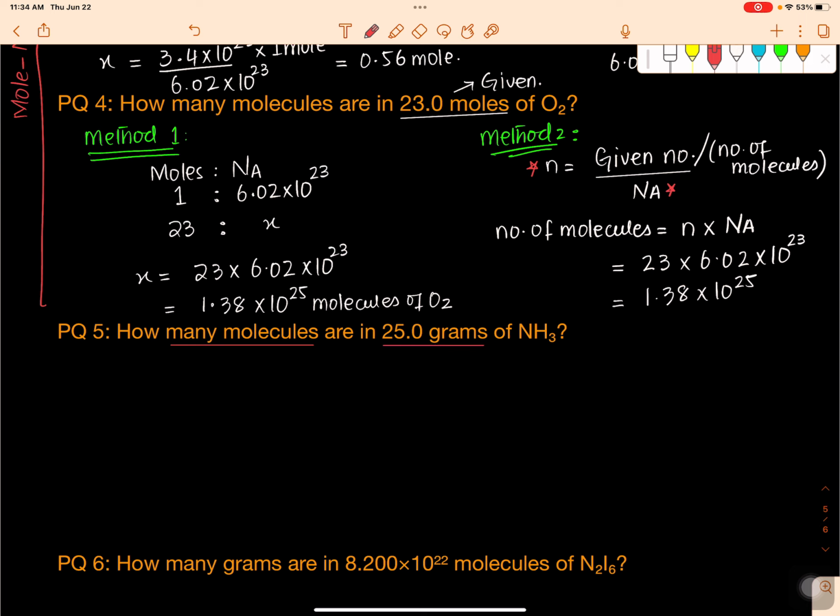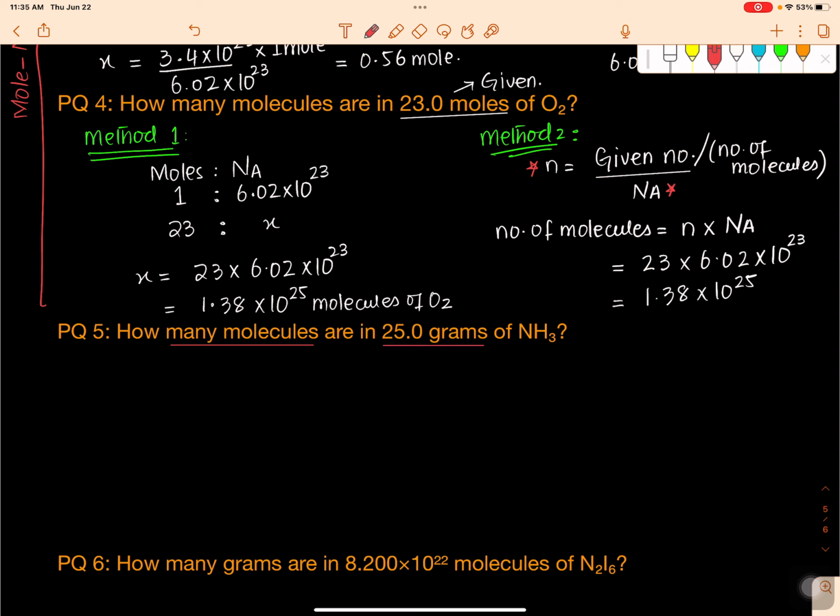In step number 1, we will find out what number of moles there are in 25 grams of ammonia. Why don't we work with the 25 grams directly?